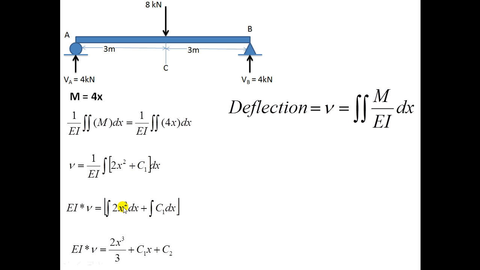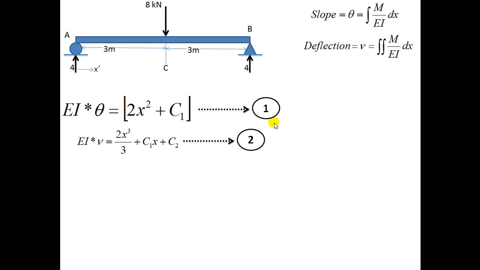Integrating them separately I will get these values, and c2 is the constant of integration for this whole equation, and this is the equation for the deflection. Name this equation as 2. This is my equation 1, and this is my equation 2. This equation is used for finding the slope, and this equation can be used for finding the deflection for this type of beam in the AC region. We are solving only the AC region now.